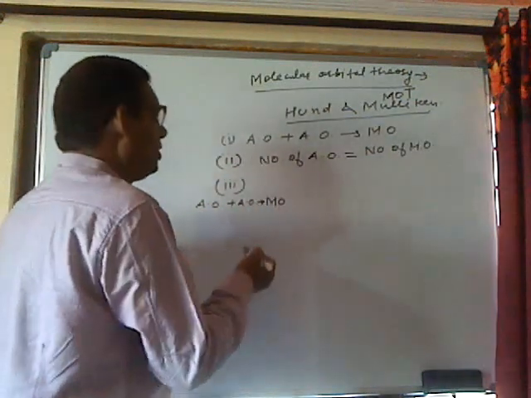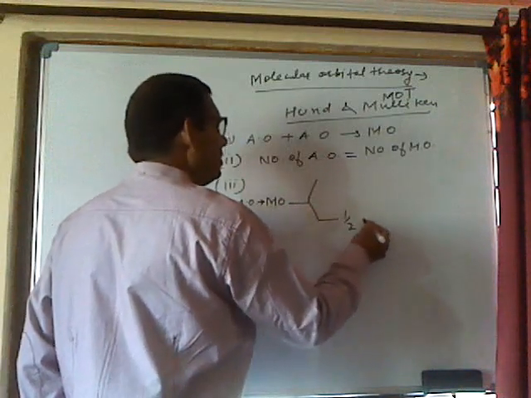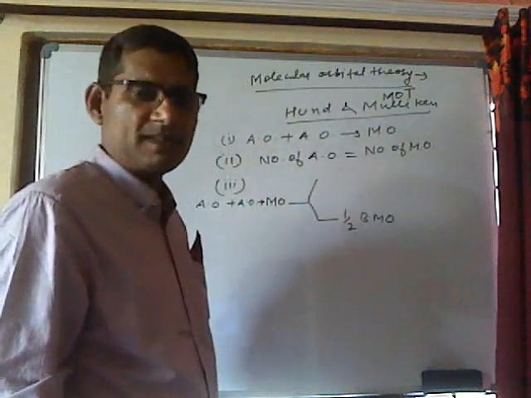Half of the molecular orbitals will have energy lesser than the atomic orbitals and will be known as bonding molecular orbitals.